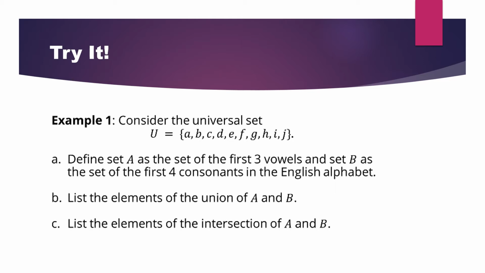Letter A: define set A as the set of the first three vowels, and set B as the set of the first four consonants in the English alphabet. Letter B: list the elements of the union of sets A and B. Letter C: list the elements of the intersection of set A and set B.